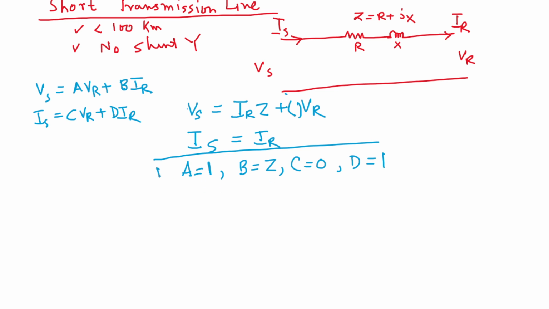So these are the 4 parameters: A is equal to 1, B is equal to Z, C is equal to 0, and D is equal to 1 for a short transmission line.